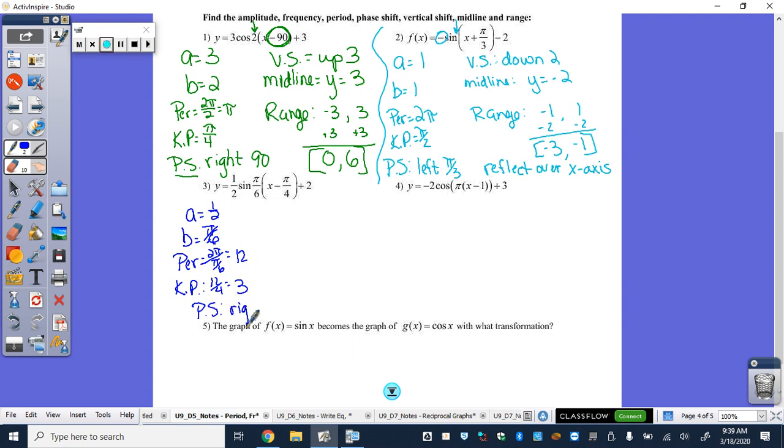This would be right 45 degrees, which is pi over 4. Vertical shift of up 2, so therefore your midline is y equals 2. So then my range, negative 1/2 to positive 1/2 plus my 2, gives me 3/2 to 5/2.